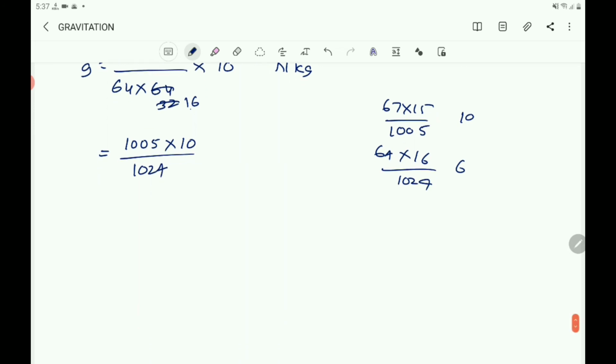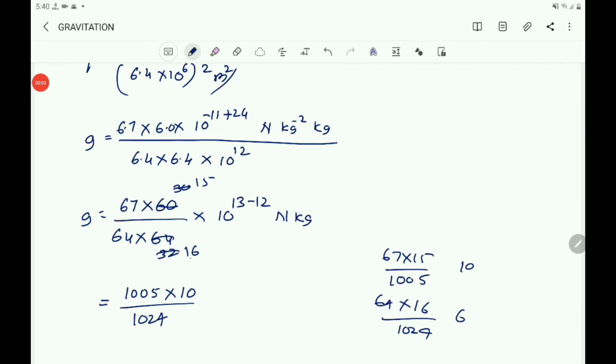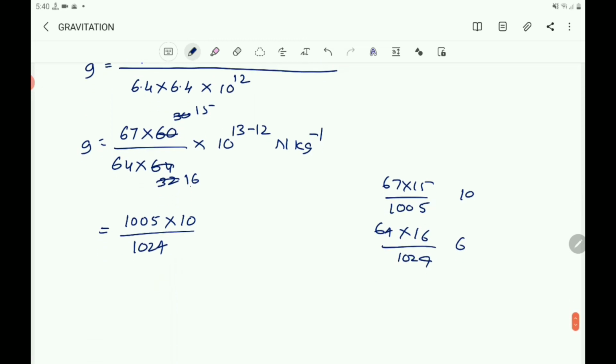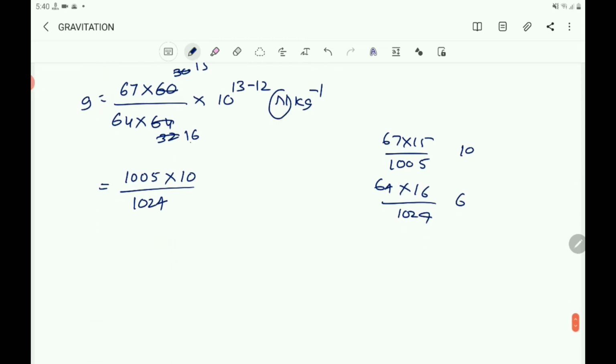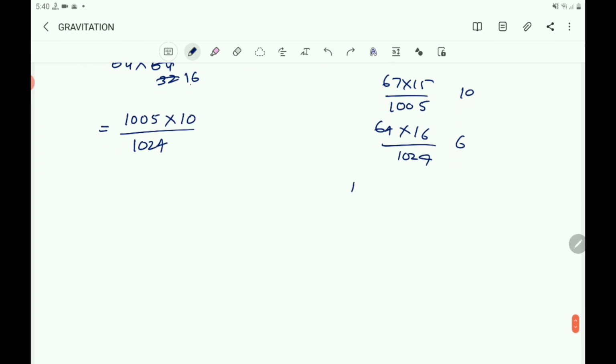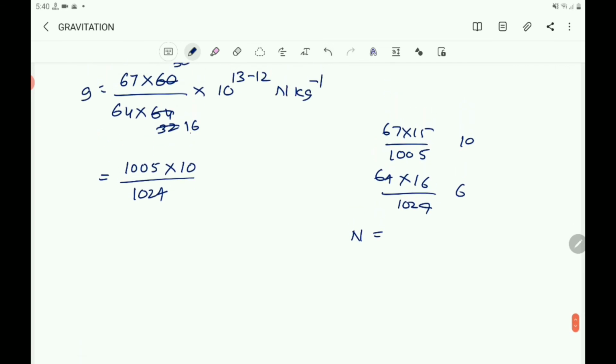And you can write here kg power minus 2 into kg, that means it becomes kg power minus 1, and here N is equal to kg m s to the power of minus 2.